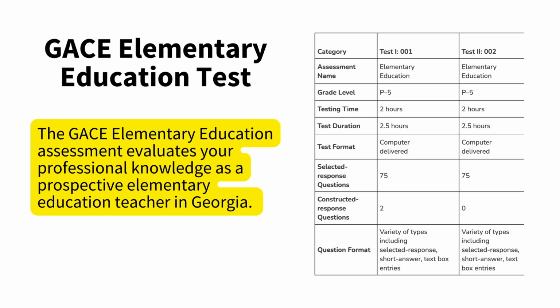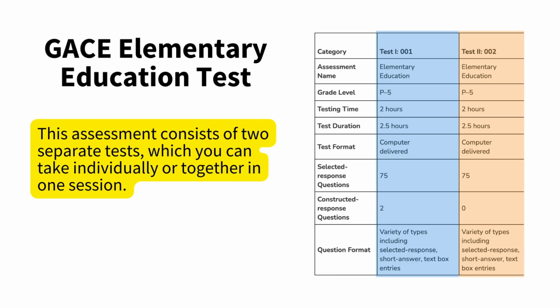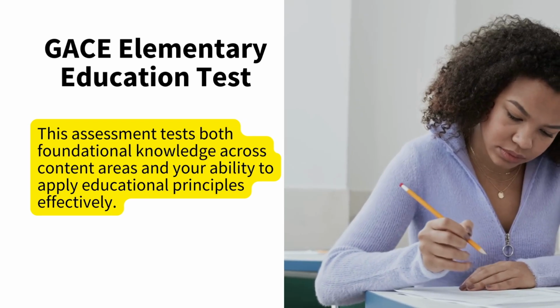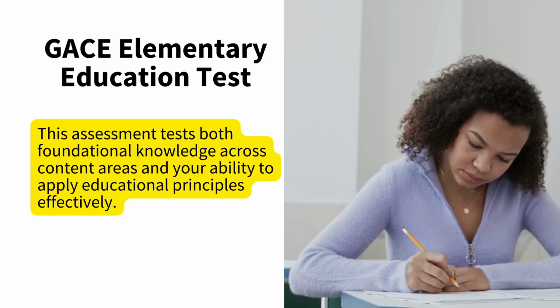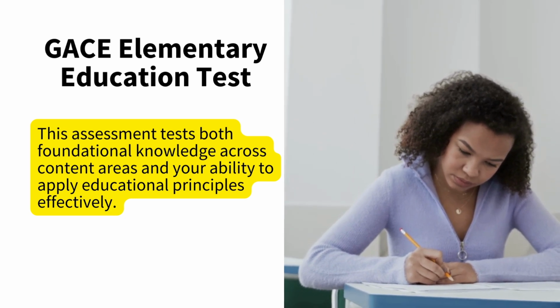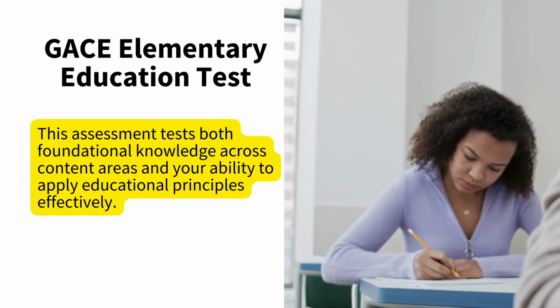Now, this GACE Elementary Education Assessment evaluates your professional knowledge as a prospective elementary educator and teacher in the state of Georgia. This assessment consists of 2 separate tests, which you can take individually or together in one session. This assessment tests both foundational knowledge across content areas and your ability to apply educational principles effectively.